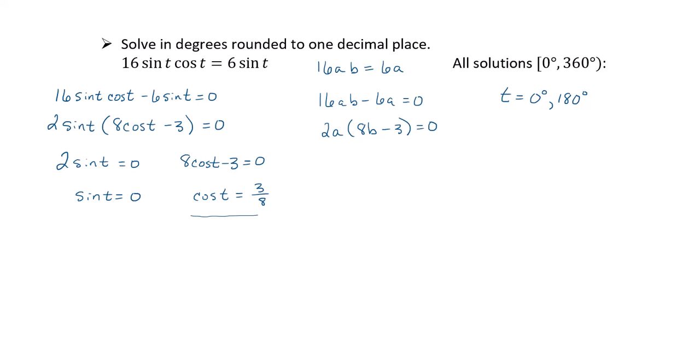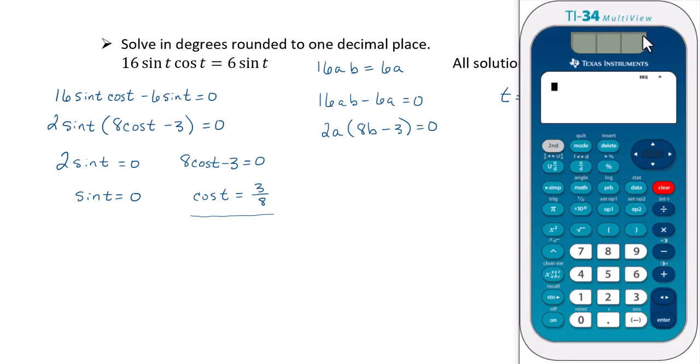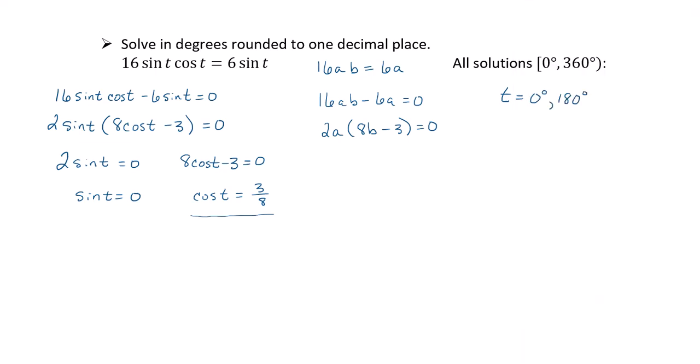Then where is the cosine of t equal to 3/8? Well, that's not one of our special values, so we're going to use our calculator and the inverse function to calculate. Making sure that we're in degree mode, we're going to go into the trig menu and pick up the inverse cosine function, entering 3/8, and we get about 67.9, that's going to round up to 68.0 degrees.